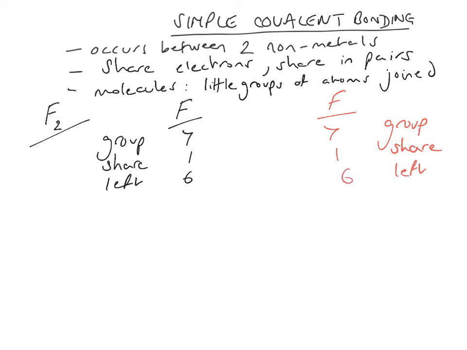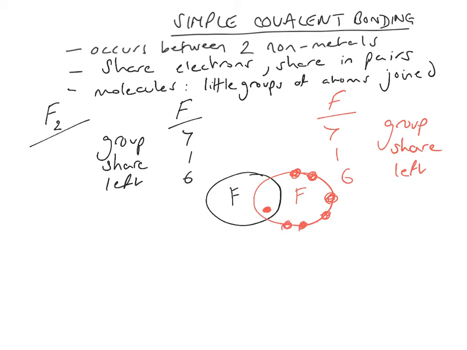Now, when the atoms share, the actual outer shells of the atoms overlap. And there's a nice big communal area in the middle. So there's one fluorine, and there's the other fluorine. So when they overlap and they share, they put the one electron that they're sharing into the middle, leaving the other 6 sitting on the outer shell.